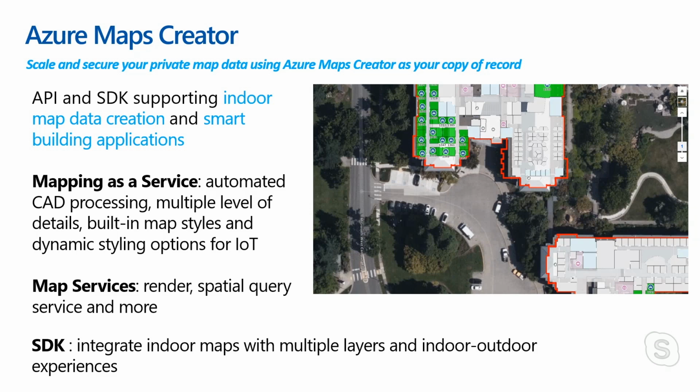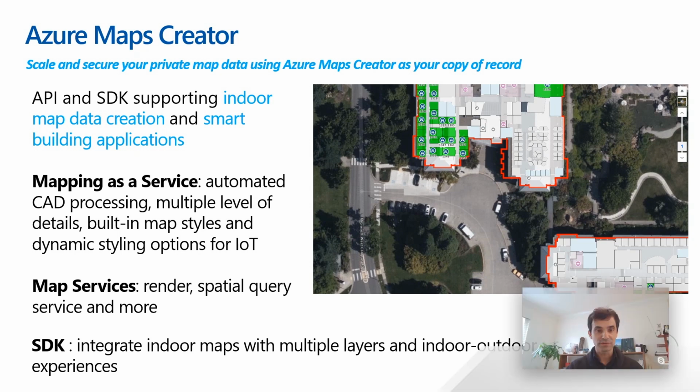You can build multiple different styles, including dynamic, as things change in the space based on IoT observations. You can bring that knowledge into the map. And then we provide APIs for rendering, query. I'll go through all these very shortly. And the SDK to help build the application more rapidly.